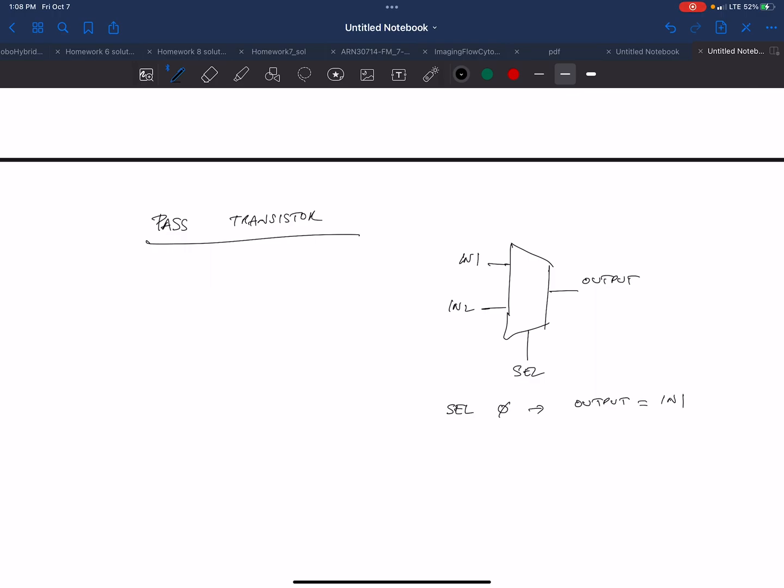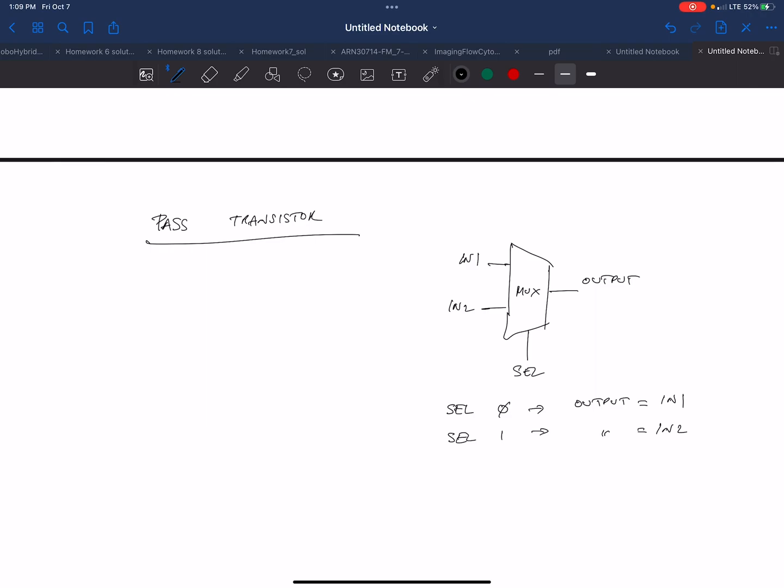So if in1 is 0, output is 0. If in1 is 1, output is 1. And if select is 1, the output is equal to in2. That's called a mux, multiplexer. It's a pretty typical circuit. I'm assuming you guys have seen multiplexers before. Maybe you haven't. It's a pretty popular logical element.